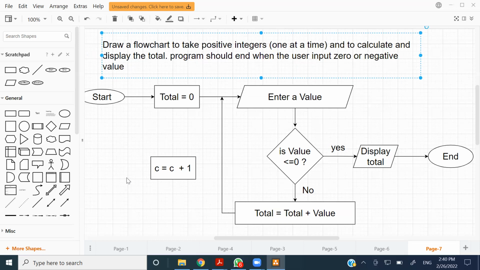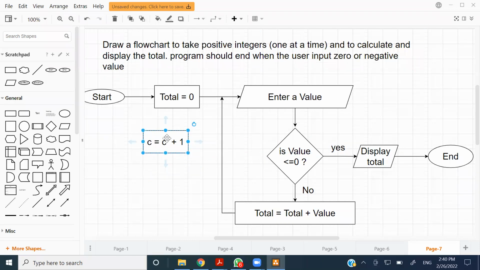Yes, Udamya. So we can explain this as count equals count plus 1 as well. So this is the way we generally increase the value of a particular variable by 1, right? So this says add 1 to the value of C and assign it to C again. So in case you need to increase the value of a particular variable 1 by 1, this is how we are going to write it.